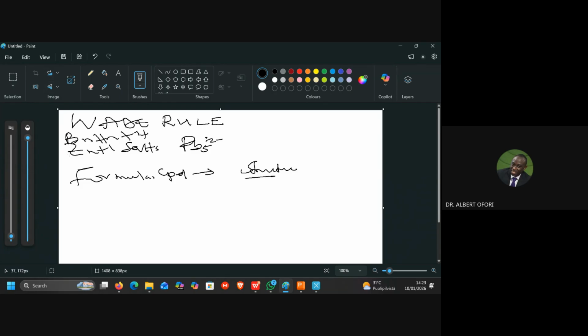Now note that boron has 5 electrons, and out of the 5, 3 are valence electrons. I'm sure you are aware. So boron is number 5, atomic number 5. So it has 5 electrons, 2 in the core, 3 in the valence.